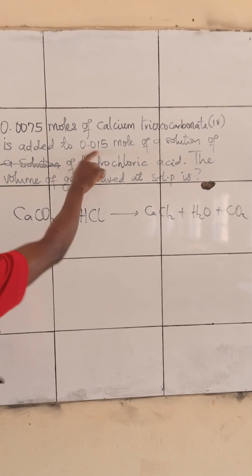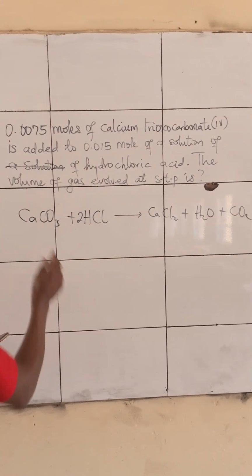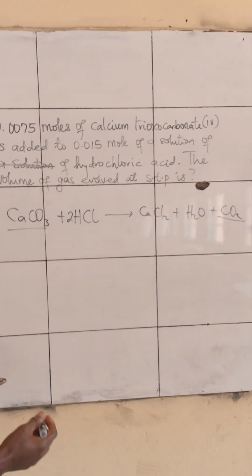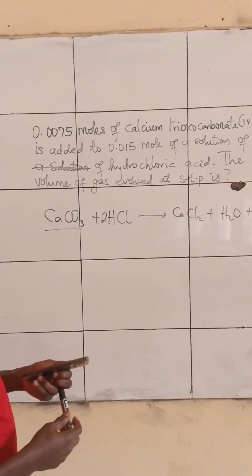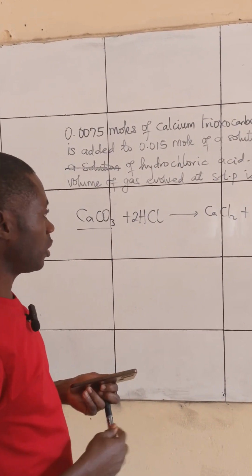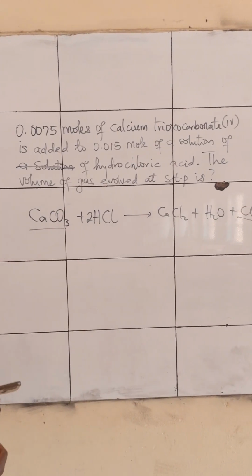You can see that calcium carbonate was the one that gave the CO2 gas. Therefore, we don't need that 0.015 hydrochloric acid. What we need to solve this problem is 0.075 of calcium carbonate and the CO2 gas that is involved. So to express the equation, first you will use calcium carbonate and CO2.